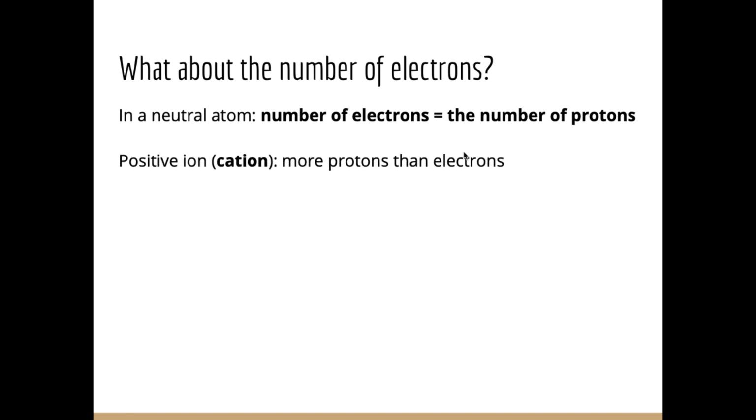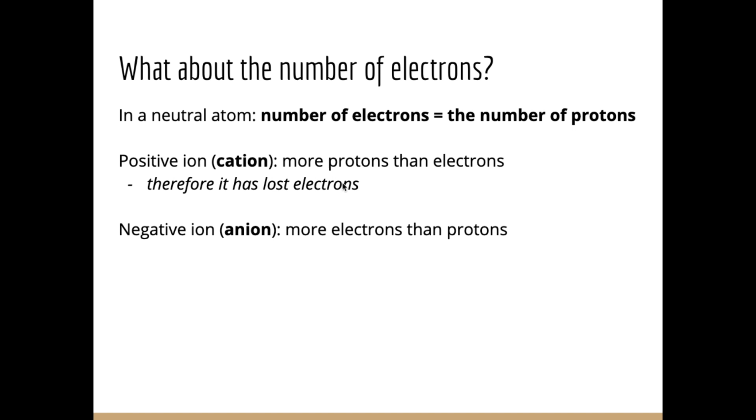However, if we don't have the same number of electrons, we've got 2 types of ions that we can form. We have what's called a cation, where we have more protons than electrons. If it has more positive protons, it's going to have a positive charge. Therefore, it has lost electrons. Conversely, we can have a negative ion, which is called an anion, where we have more electrons than protons.